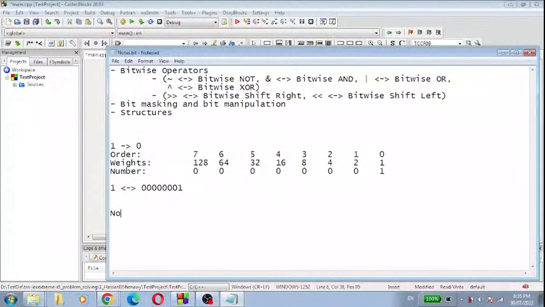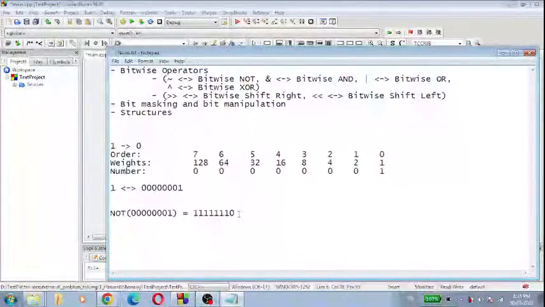The not of this is going to be 1 1 1 1 1 1 1 0. This 1 is going to be 0, and all of these zeros are going to be 1s.